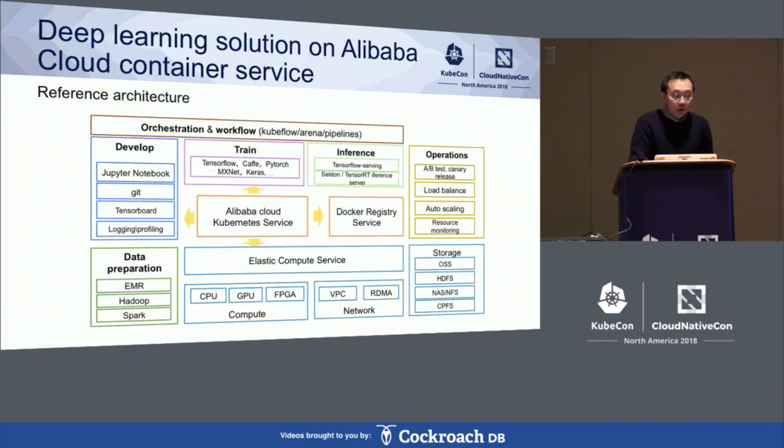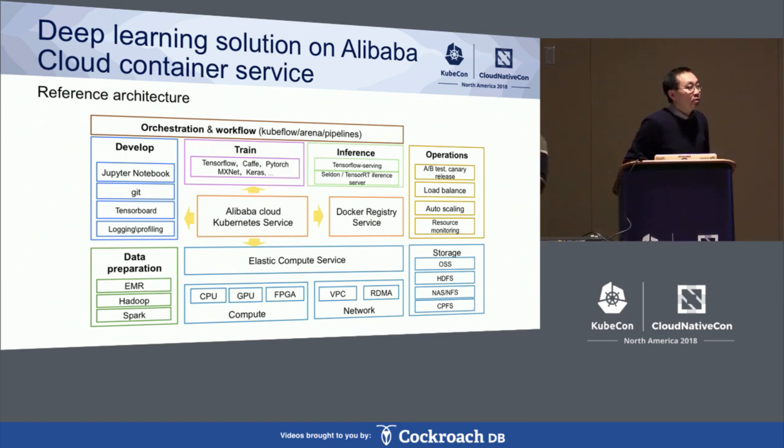Okay, so here is a reference architecture. We created a deep learning solution based on Kubernetes and containers on Alibaba Cloud to address all those challenges. And it's already online as a public service for end users. In the underlying layer is the infrastructure layer, right?